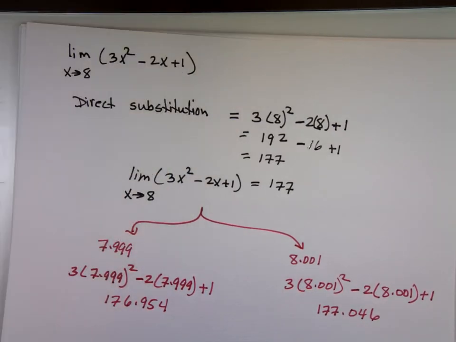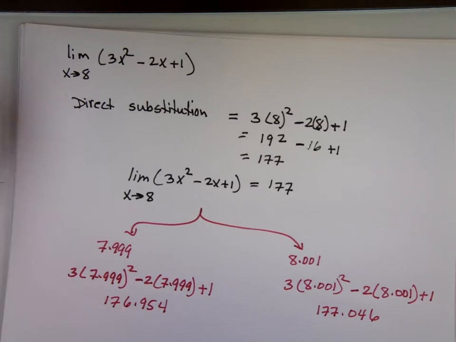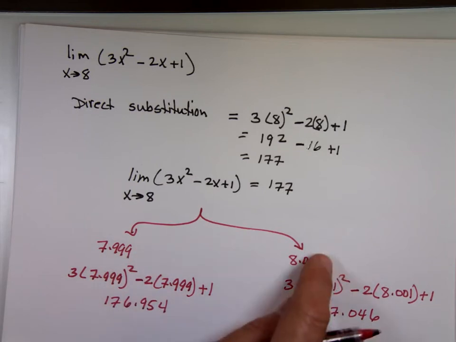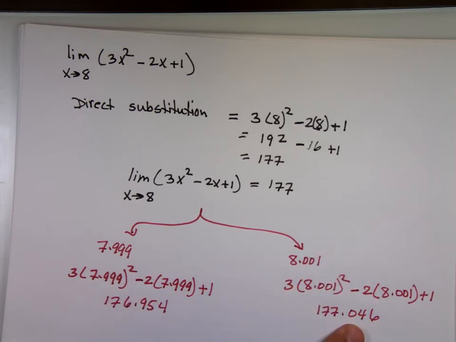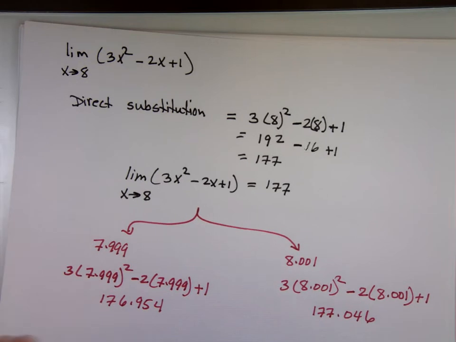Notice we're not that far from 177. We're talking about 0.05. And if you get closer, if you add another 9 here, another 0 here, you'll notice that number becomes 0.046. So you start to get closer and closer to the 177.